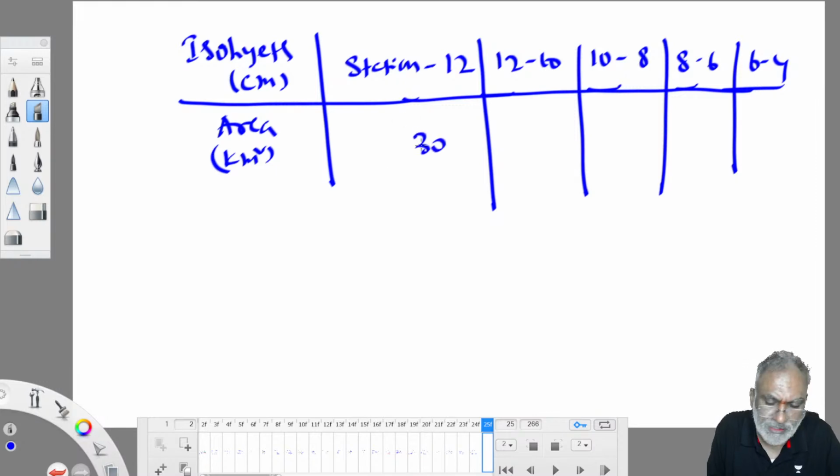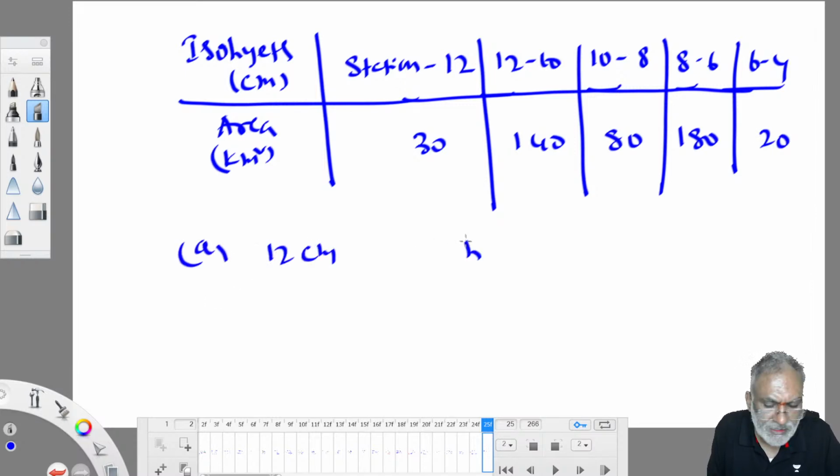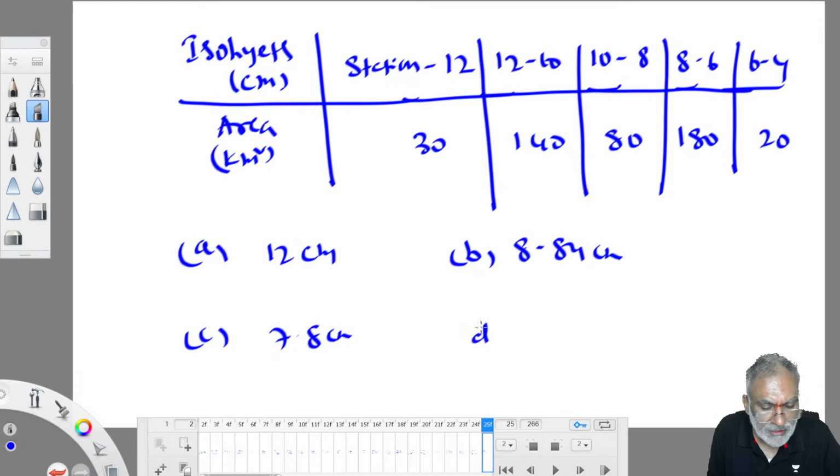This area enclosed is 30, this is 140, this is 80, this is 180, this is 20. The options given are A 12 centimeters, B 8.84 centimeters, C 7.8 centimeters, D 12.2 centimeters.